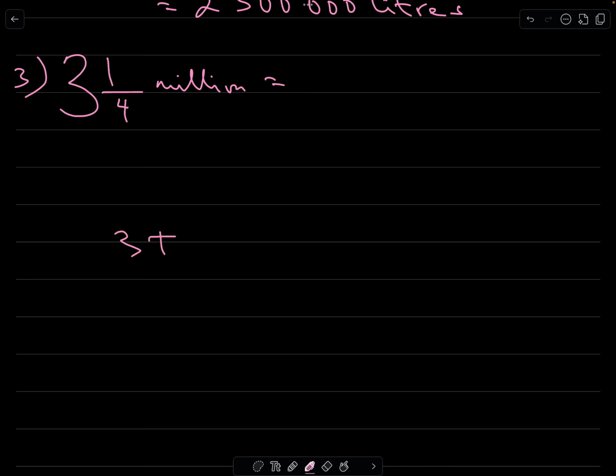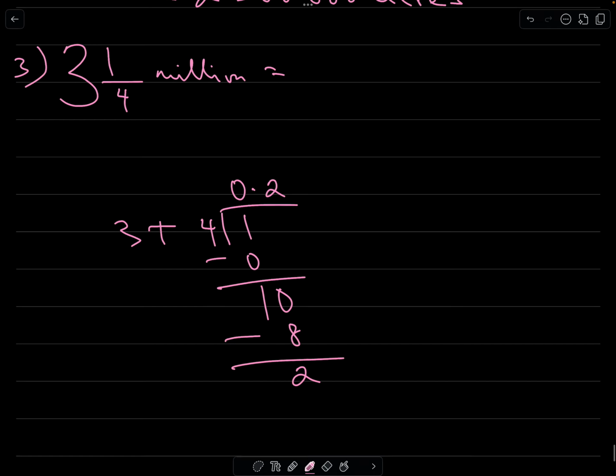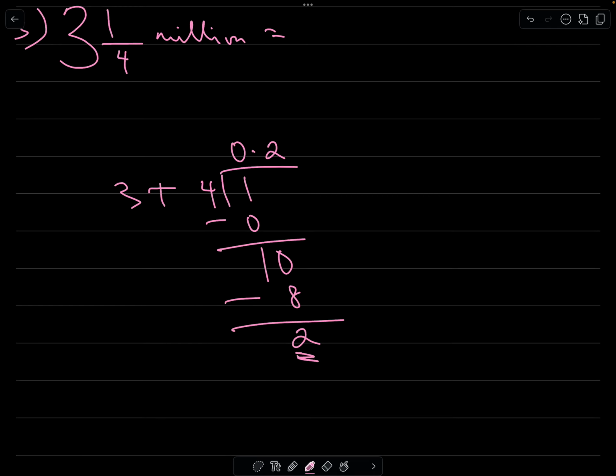This simply means 3 plus 1/4 as a decimal. That's 1/4. 4 in 1, 0. 4 times 0, 0. 1 minus 0, 1. 4 in 1 again is impossible. You add a 0 and put a point here. 4 in 10, 2. 4 times 2, 8. 10 minus 8, 2. 4 in 2 is impossible.